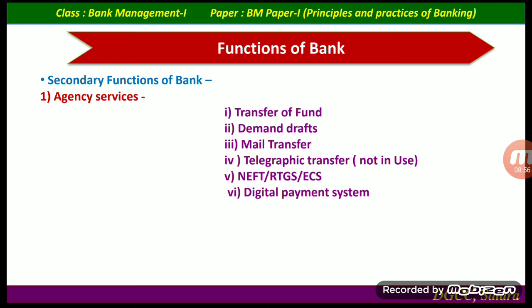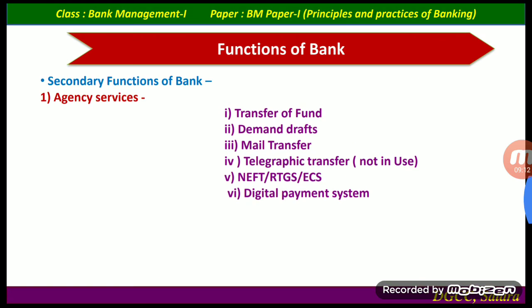The next is acting as a trustee, attorney, and executor. Banks also act as a trustee, executor, and attorney. A trustee means banks act as a trustee on behalf of customers.